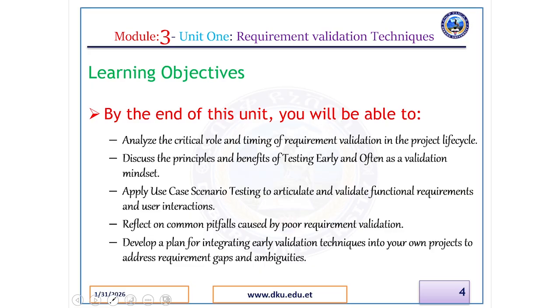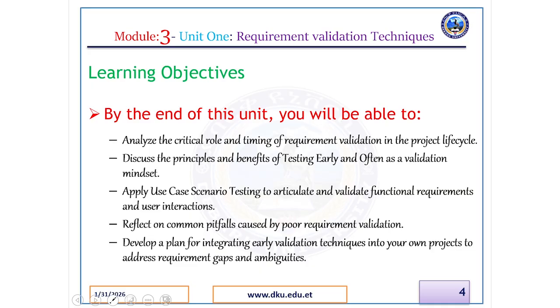By the end of this unit, students will be able to: one, analyze the critical role and timing of requirement validation in the project lifecycle. The second objective is discussing the principles and benefits of testing early and often as a validation mindset.